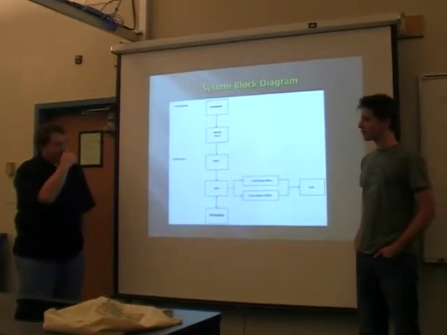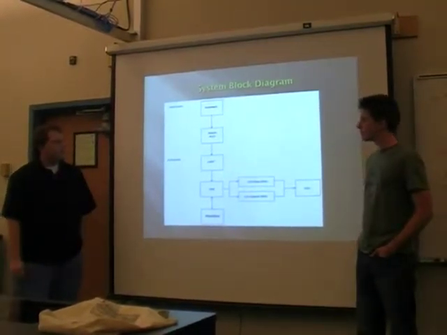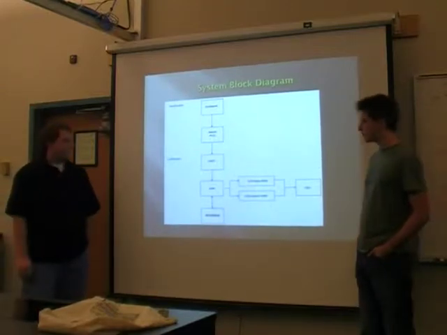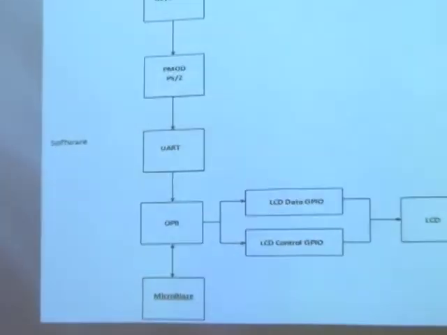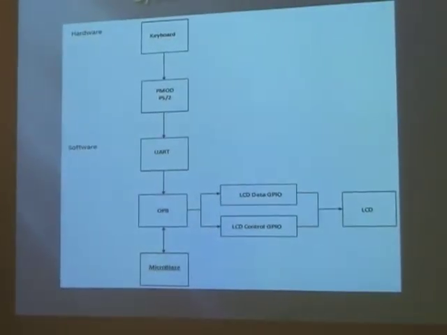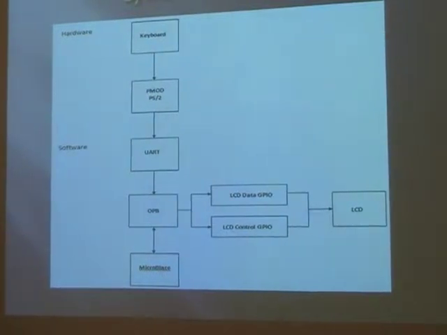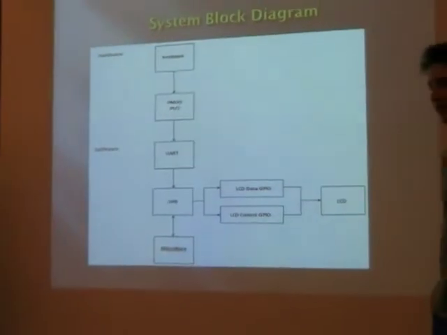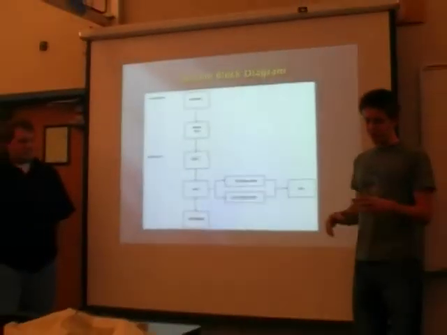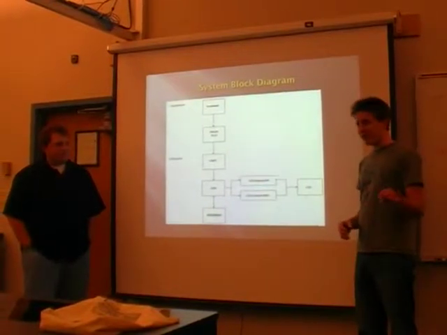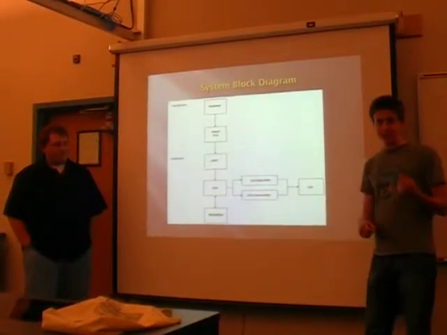So basically, the block diagram, you've got the keyboard connected to the PMOD. It's fairly obvious. The UART was our issue. The hardest part with the UART was setting the baud rate correctly, because when you start out, you need to find the correct baud rate of the keyboard using the oscilloscope.